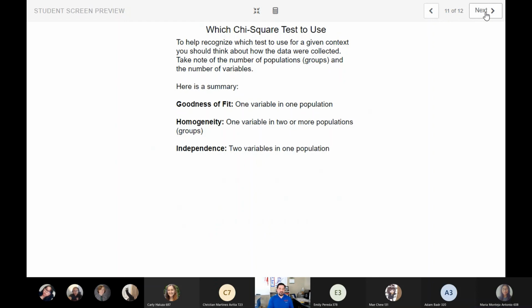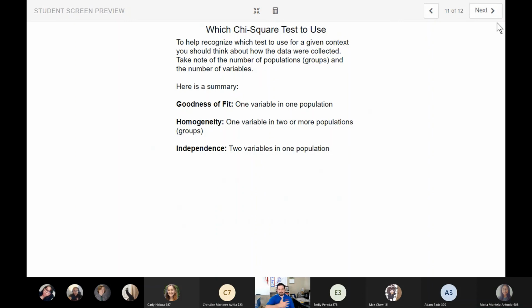For homogeneity, we have 1 variable in 2 or more populations or groups. So we have 1 response variable we're collecting data about, but we're asking 2 separate independent groups or populations about it. Or we're tracking that variable between different treatments in an experiment. And then we have the test for independence, and this is when we have 2 variables in 1 population.